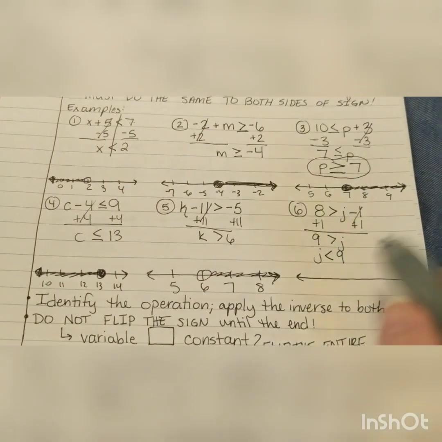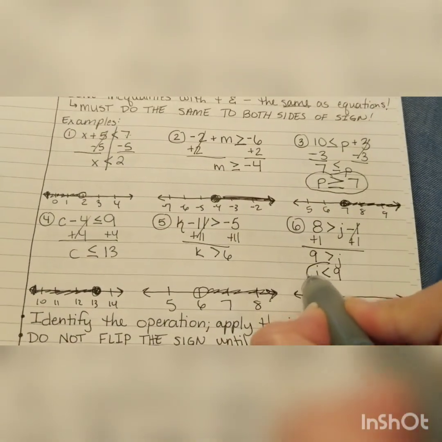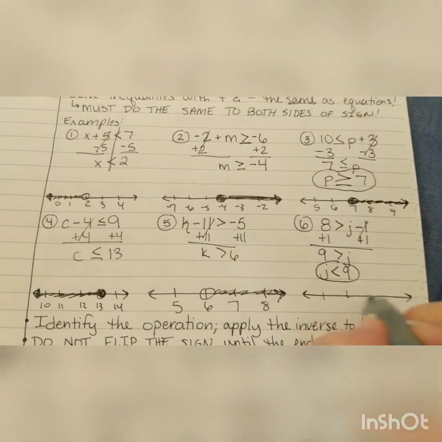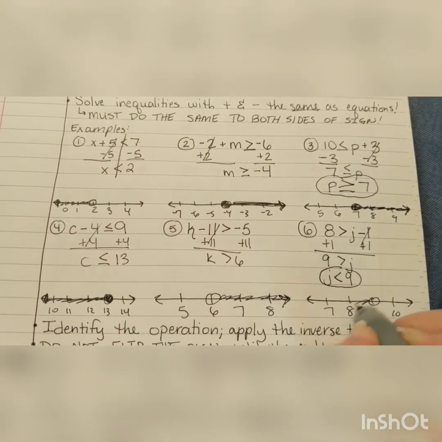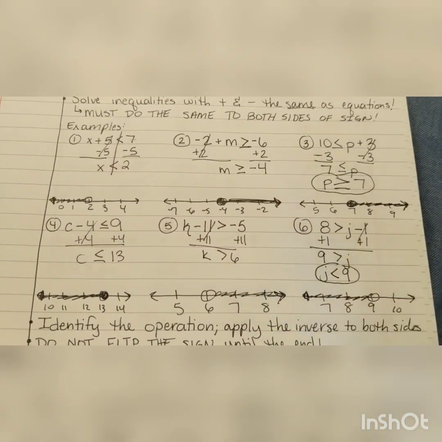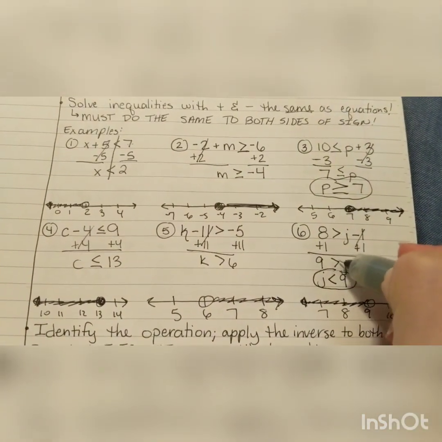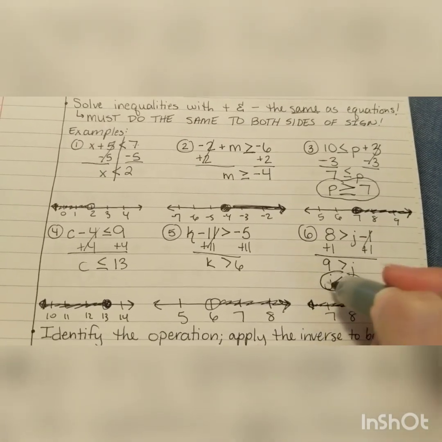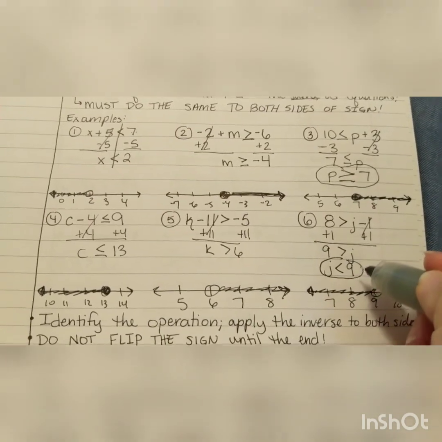This one, if my inequality sign is pointing to my variable, when I flip the inequality, it has to continue pointing to my variable. So when I graph this, I have an open circle, and my graph goes to the left. You might be tempted to graph this pointing to the right, but again, it has to be in this format. It has to have the variable on the left, then the inequality sign, then the constant.